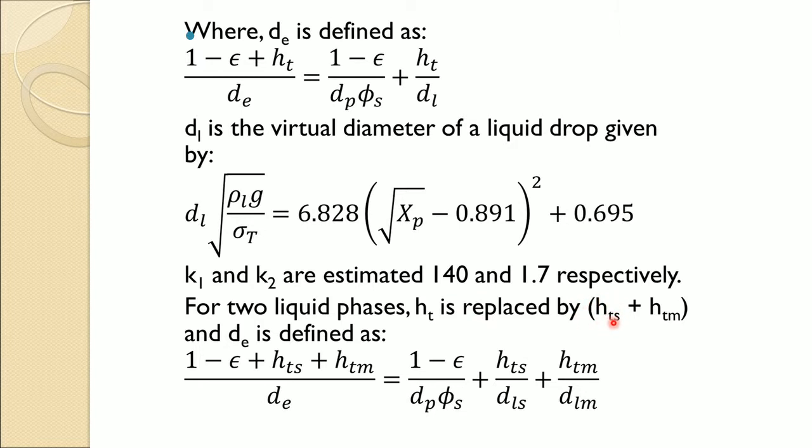So, total holdup for slag, total holdup for metal, and D is defined in the same way as we did above, but we include the other liquid here, and dl also in the same way. Then one can calculate the pressure drop.